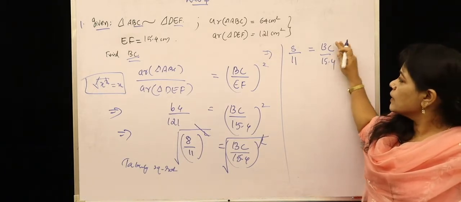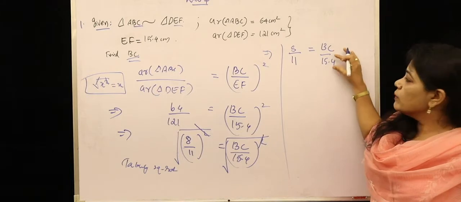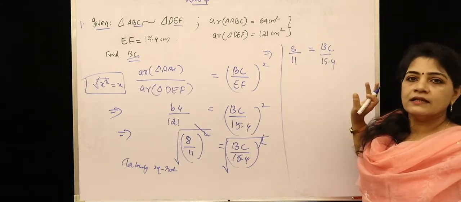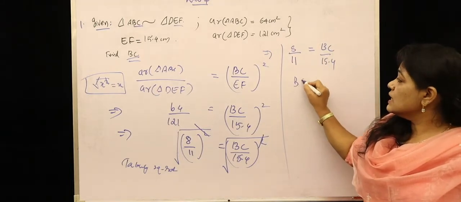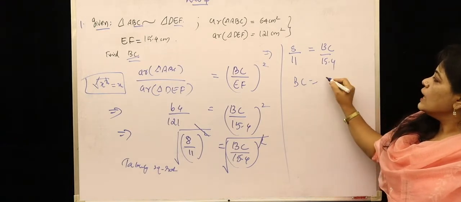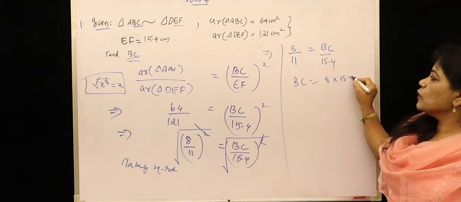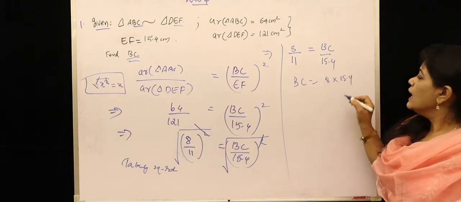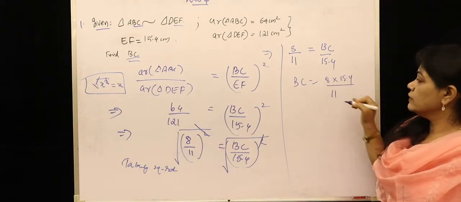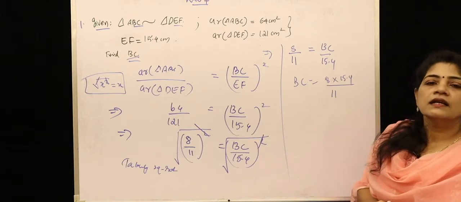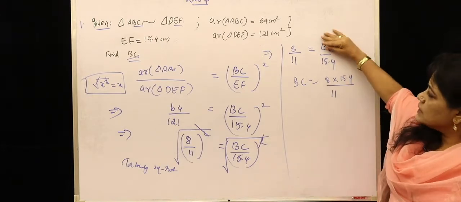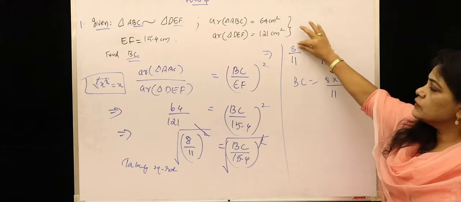In the next step I am keeping BC alone by taking this to the LHS. So BC is equal to 8 into 15.4, divided by 11. Idea is clear, children? I am keeping BC alone by taking this with 8.